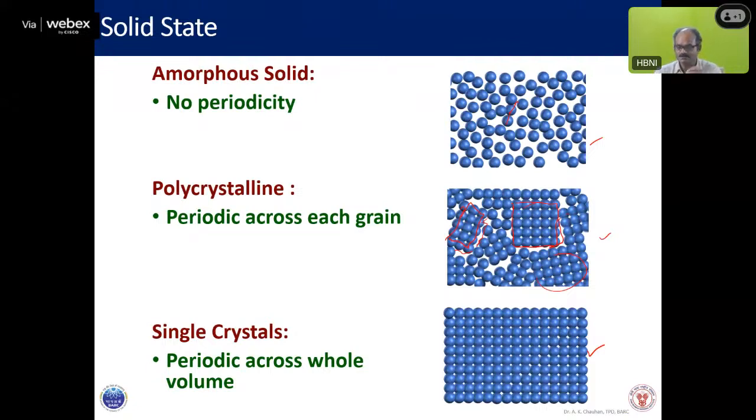Amorphous is like a liquid state, but it has become solidified. The atoms are now not mobile, but the structure is similar to the liquid. When I say atoms, it can be an atom or a molecule also. Suppose I say NaCl, that means each sphere will be an NaCl. You just replace each sphere with NaCl.